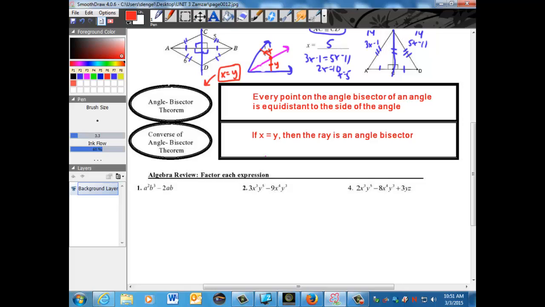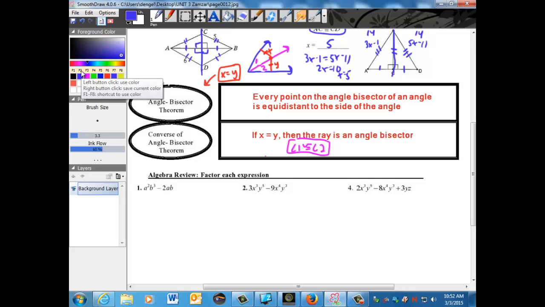If you were shown these markings, then you can do the converse of the angle bisector theorem and say if x is equal to y, then the ray is an angle bisector. Or even better, you could say that angle 1 is congruent to angle 2 if we were to label this angle 1 and angle 2. Alright, if x is equal to y, then angle 1 is equal to angle 2 because the ray is an angle bisector.